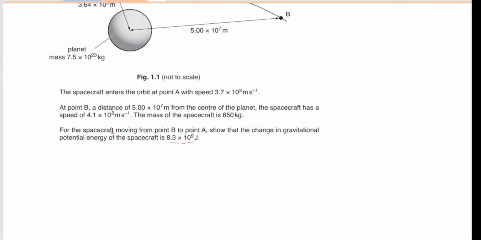So we have to find the change in gravitational potential energy. For that, what is the formula for GPE first of all? GPE, we know that is equal to negative G mm over R. Right, now we want to find the change, so we always do final minus initial.